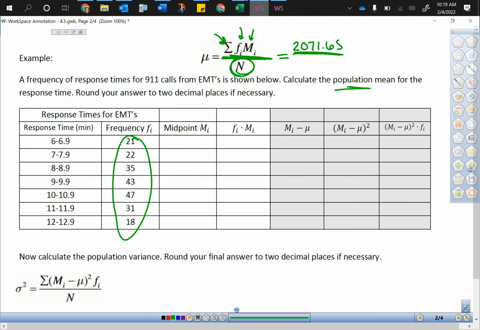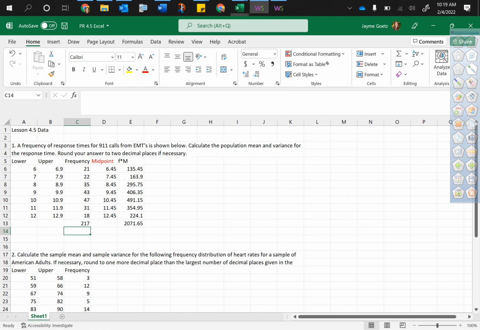So to find this population mean, we're going to take that and divide it by 217. Here's what you're going to do. You're going to come over here and put mu equals, so that way I know exactly what I'm solving for and where to find my answer. And here you're going to type equals. You want this number divided by this number.